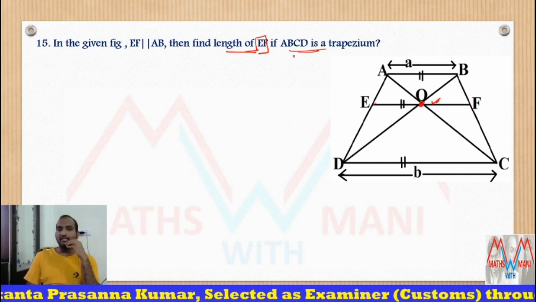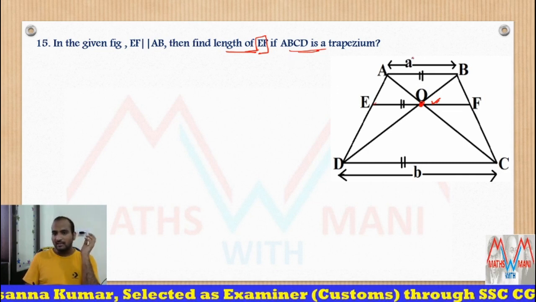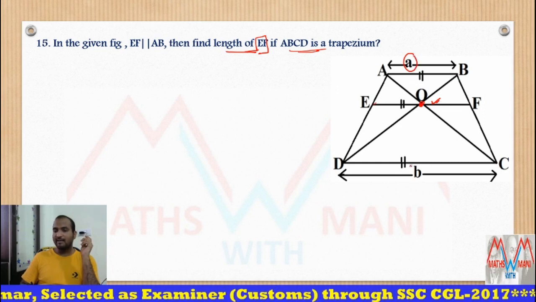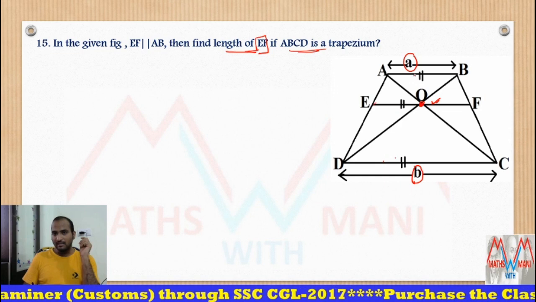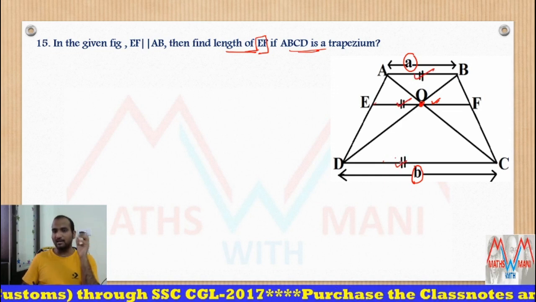The length of AB is a and the length of CD is b, and AB, EF and CD are parallel lines.